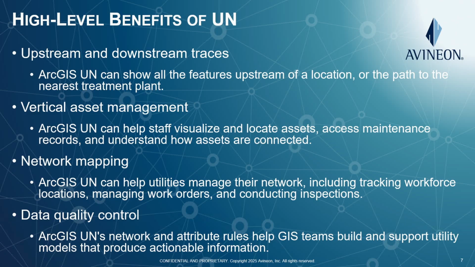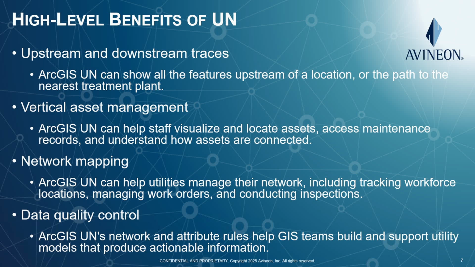Another big thing we're seeing a lot of talk around the utility network is that vertical asset management. It's far better than what was previously available in those older data models and solutions, and really, looking at BIM and 3D and the digital twin, it's becoming a lot more appealing, and that demand is really increasing, and the UN can greatly help you as you start to look at that and model your data in those manners.